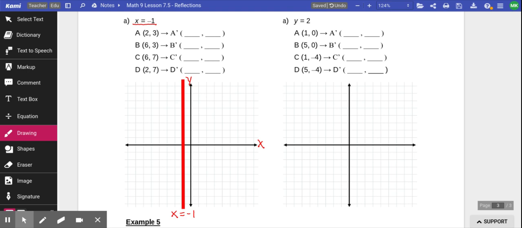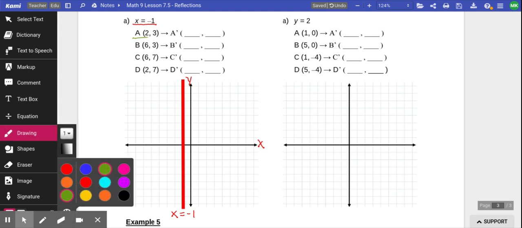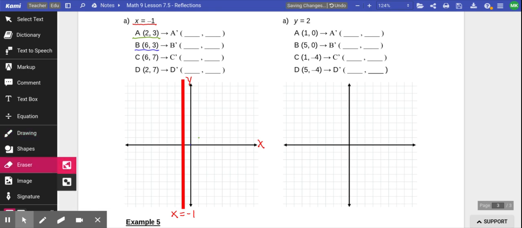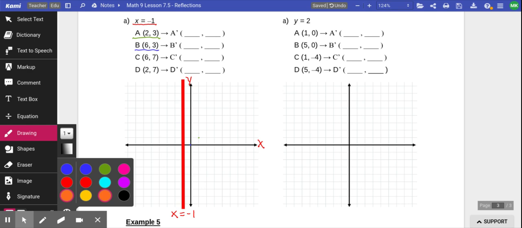So let's start with A at 2, 3. So 2 to the right, 3 up, 1, 2, 3. A is right here. If I look at B, B is at 6, 3. So 6 to the right, 1, 2. Oh, sorry. I messed up on A. A is 2, 3, 1, 2, 1, 2, 3.